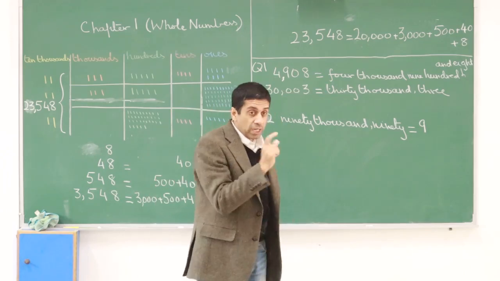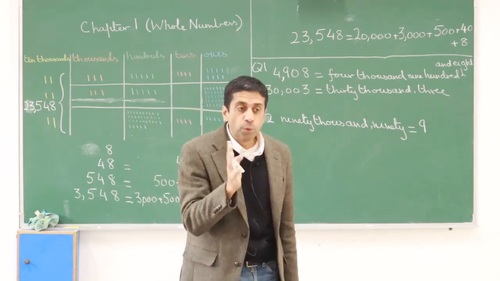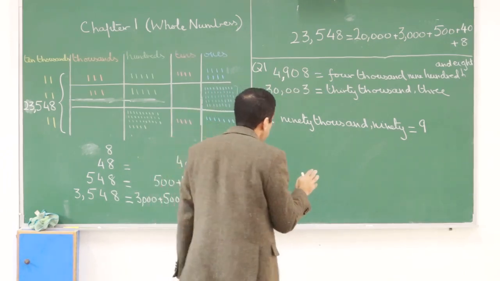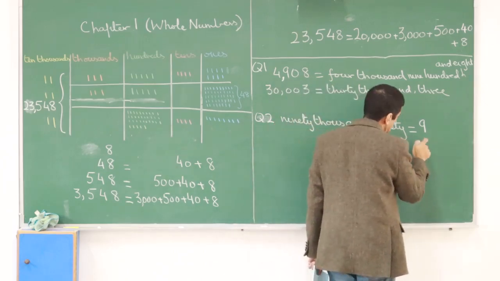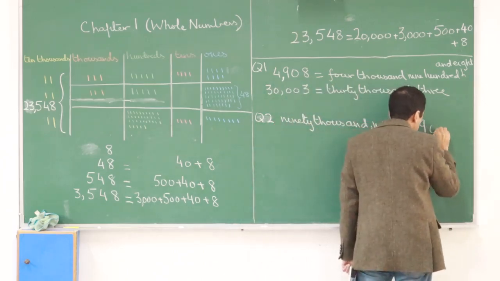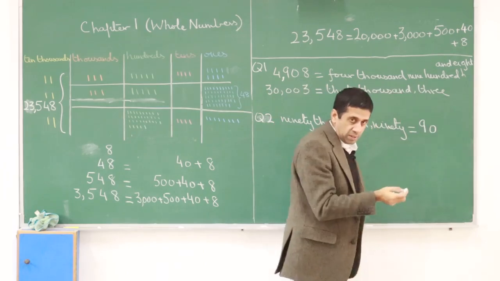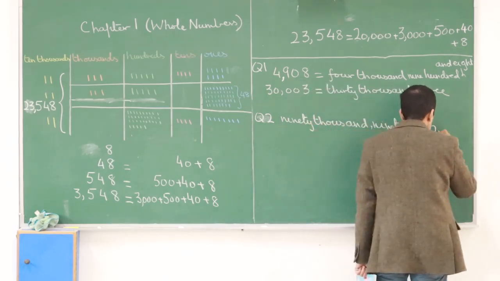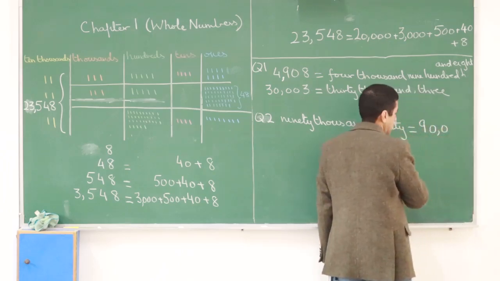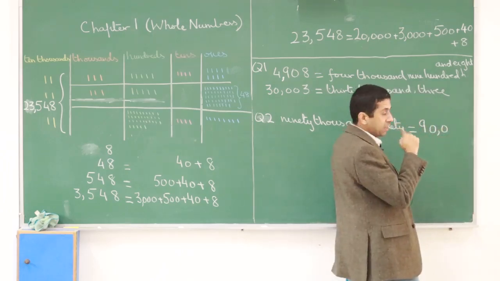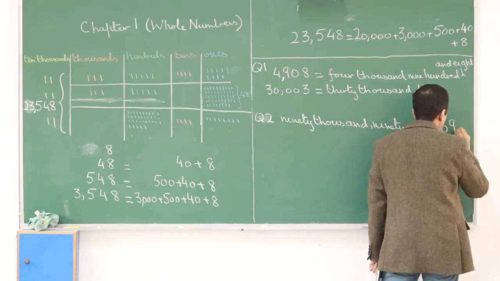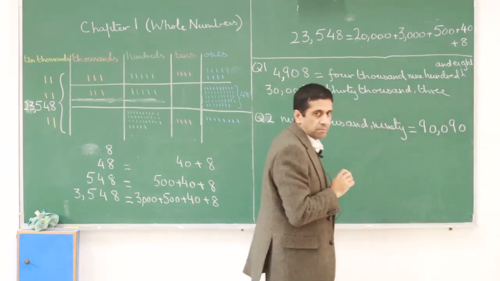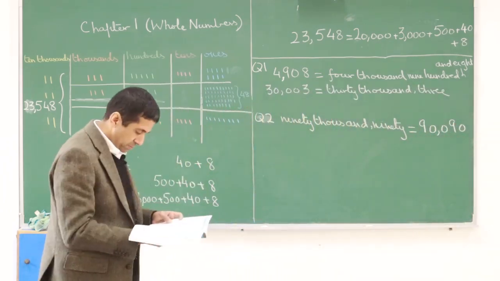So that means there's only 0 1,000s. Clear? So here 9 10,000s, 0 1,000s. Okay, that's 90,000. Any hundreds? 0 hundreds. How many tens? 9 tens and 0 ones. That's 90,090, right?